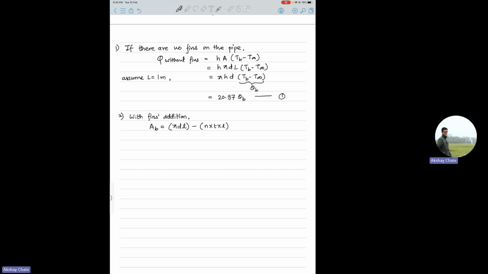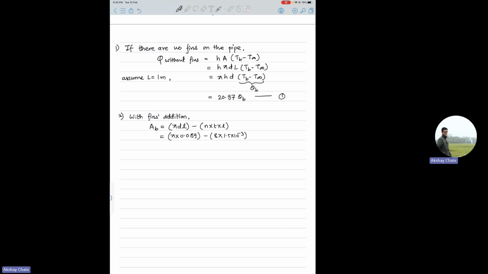L is 1, so this effectively becomes pi into 0.089 minus number of fins are 8, and each fin has thickness of, I think, 1.5 mm, 10 to the power minus 3. So if you do this calculation, 1 second, I'll just do it because I don't have the number. The number is there for final answer, but anyway, we'll do this.